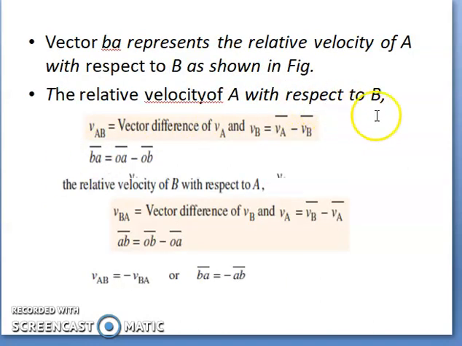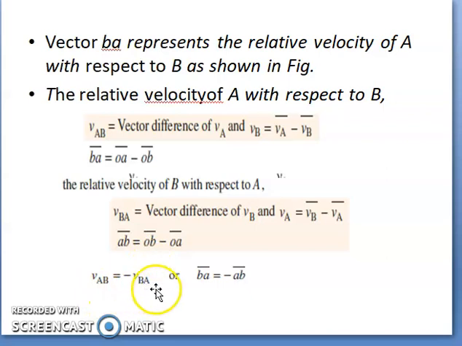So the relative velocity is given by vector VAB equal to VA minus VB, that is OA minus OB. Similarly, that of B with respect to A is given by VB minus VA, which is equal to OB minus OA. So from this you can find out that the velocity of A with respect to B is equal to minus the velocity of B with respect to A. So this is a very important concept.